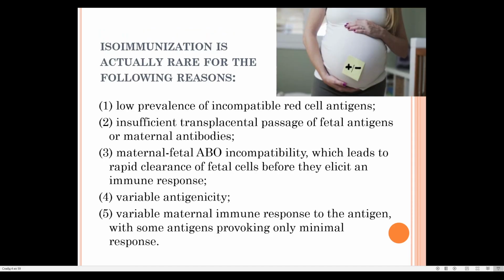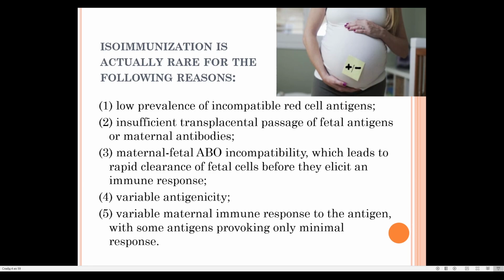Isoimmunization is actually rarer for the following reasons. First of all, low prevalence of incompatible red cell antigens. Second, insufficient transplacental passage of fetal antigens or maternal antibodies. You know that normally mother's and fetal blood does not mix and is bordered by the placental barrier.